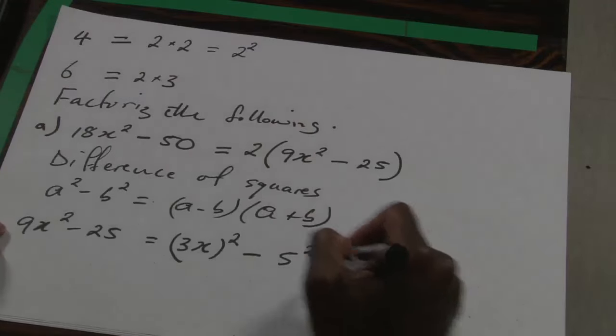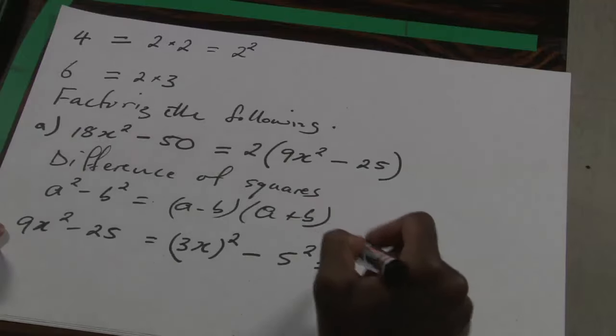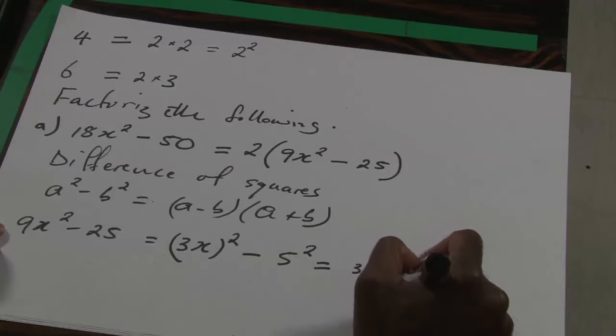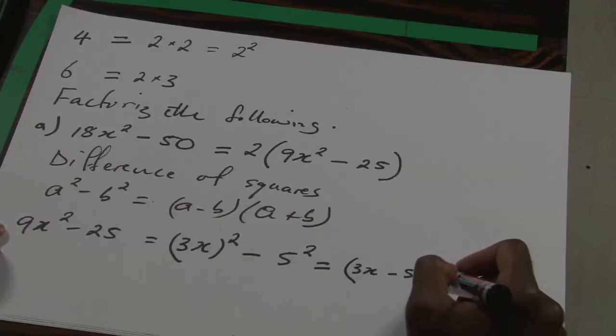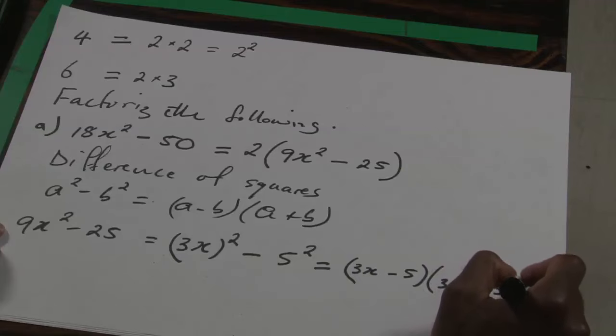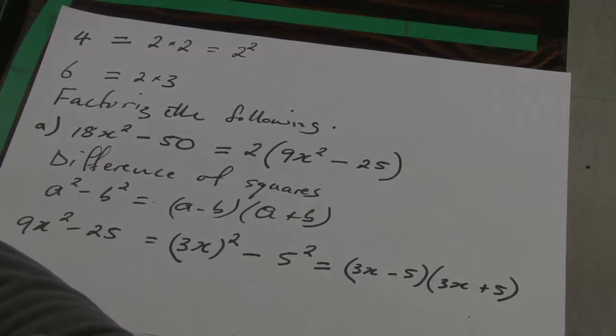And therefore, our a in this case is 3x. So we have 3x minus 5, which is our b, multiplied by 3x plus 5. So that's your 9x squared minus 25 in a factorized form.